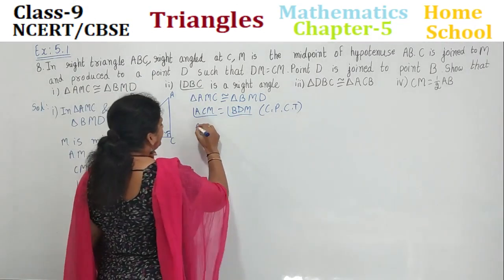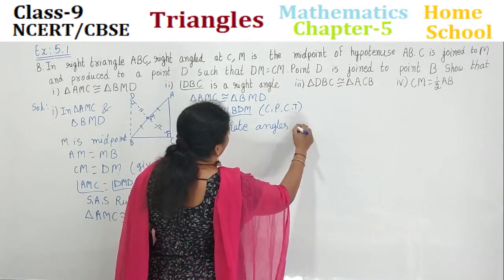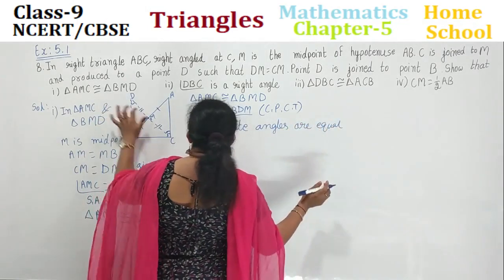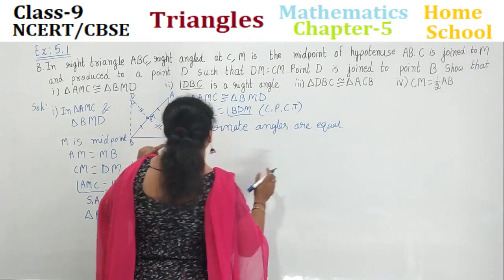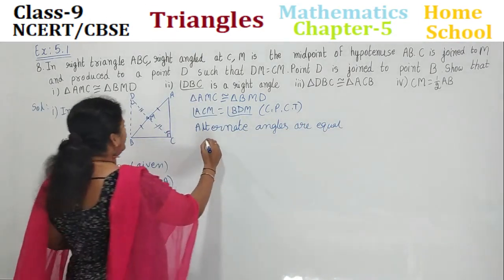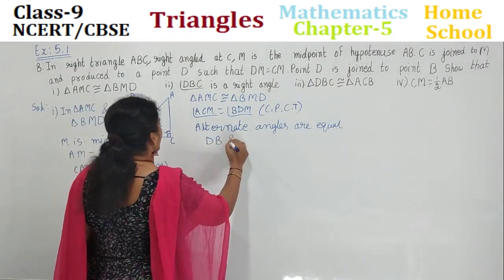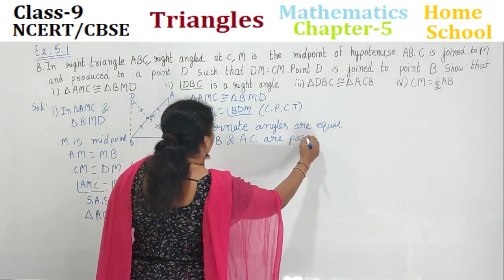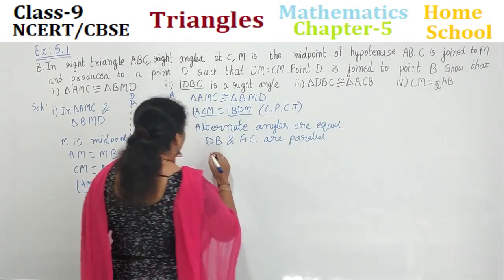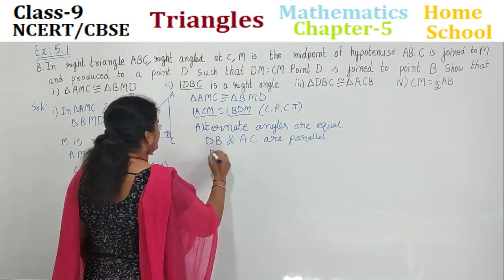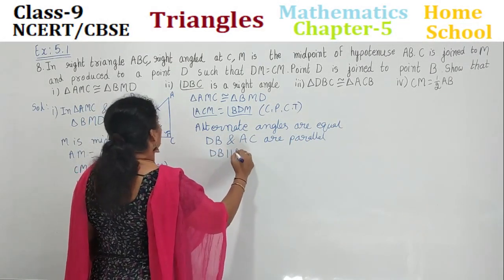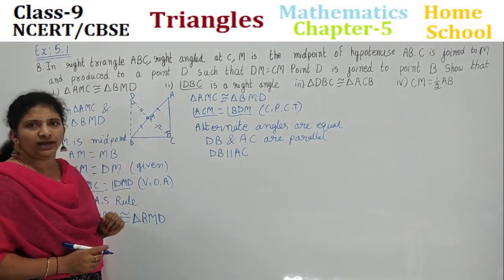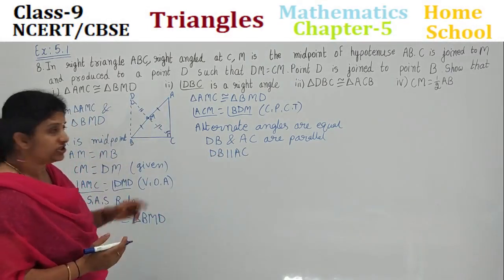Therefore, I can say that DB and AC are parallel. That is, DB is parallel to AC.